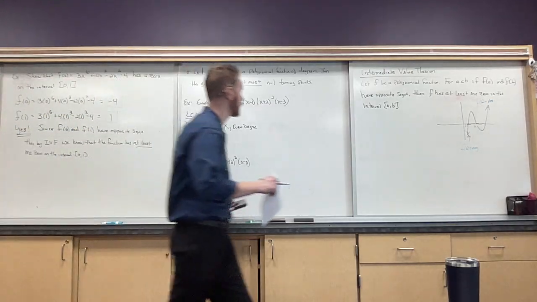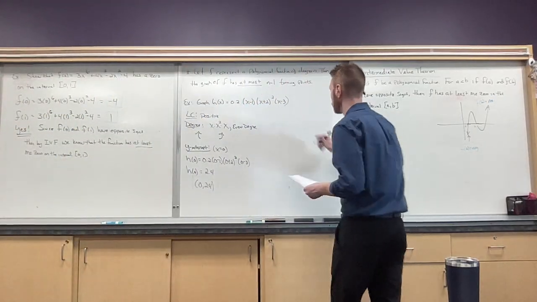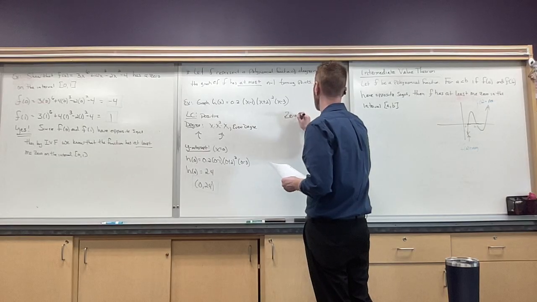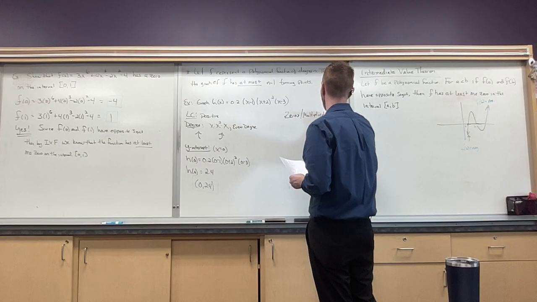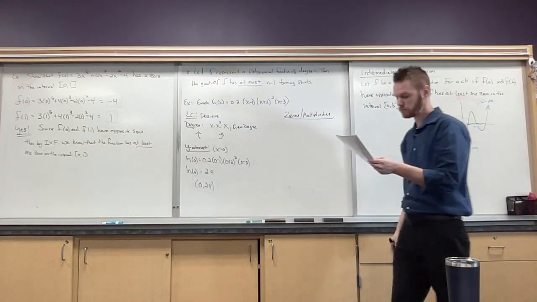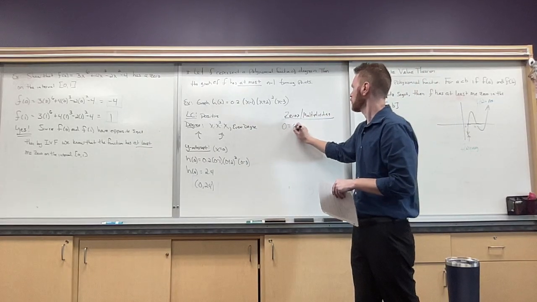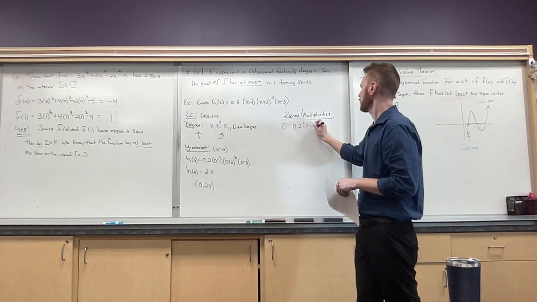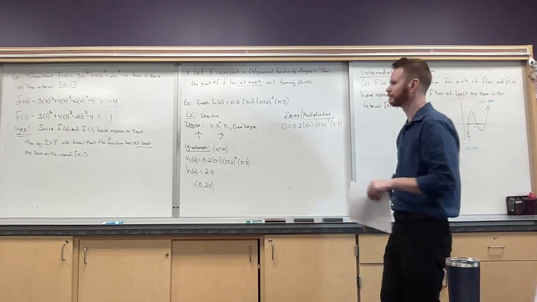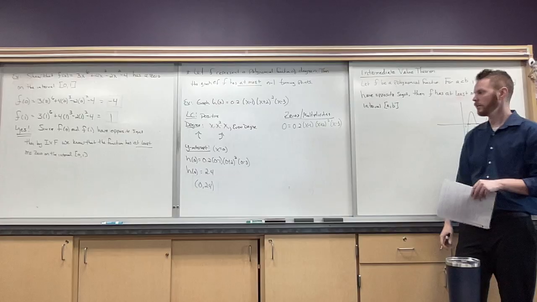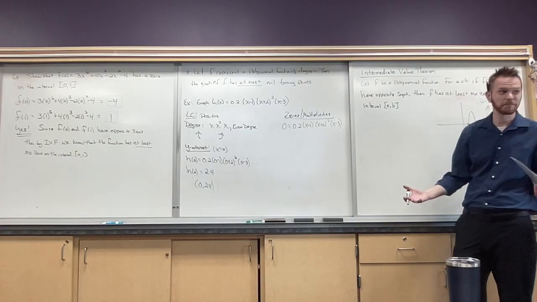Now, let's talk about the zeros. Let's find the zeros on this guy. So zeros and multiplicities. 0 equals 0.2, x minus 1, x plus 2 squared, and then x minus 3. Well, here's the good news. It's factored.